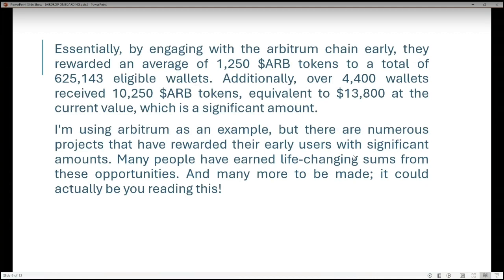Okay, so I'm using Arbitrum as an example, but there are numerous projects that have rewarded their early users with significant amounts. Many people have earned life-changing sums from these opportunities, and many more are to be made. It could actually be you reading this.